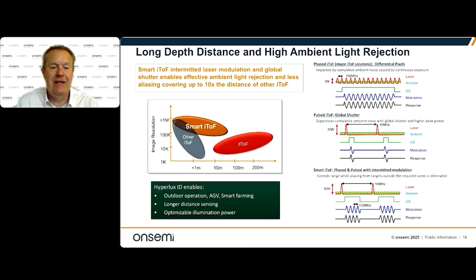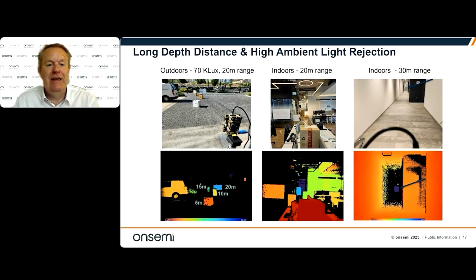So other iToF reaches up to a few meters, while our smart iToF implementation, Hyperlux ID, in what we call hybrid mode, being phased and pulsed together, can get to very long distances. As I mentioned earlier, with iToF you can get out to very long distances, but it doesn't have that volume determination. Okay, let's move on. So that's accuracy and depth distance.